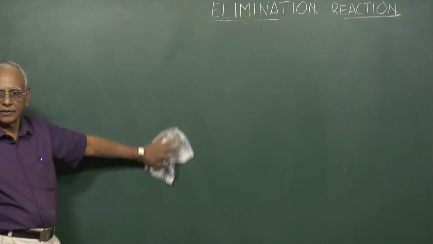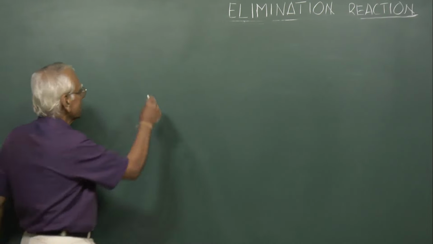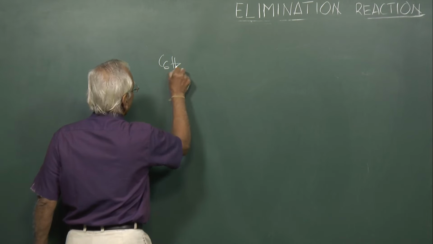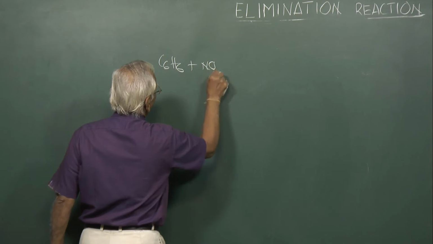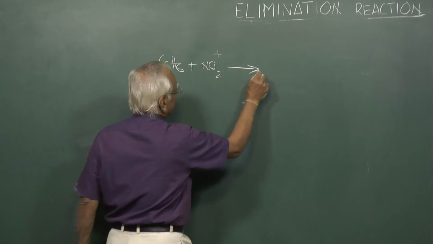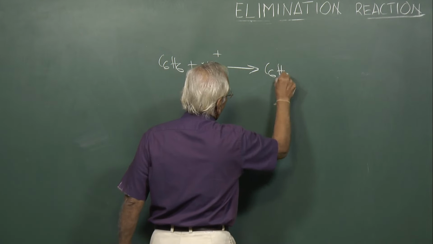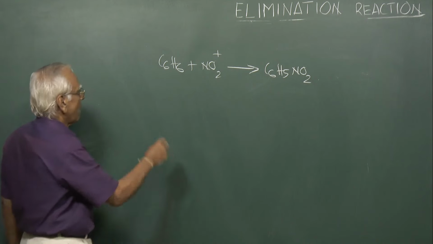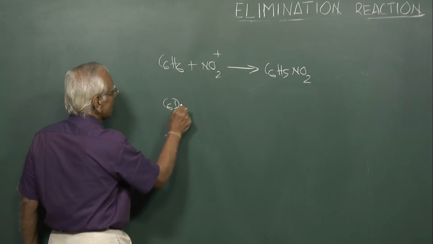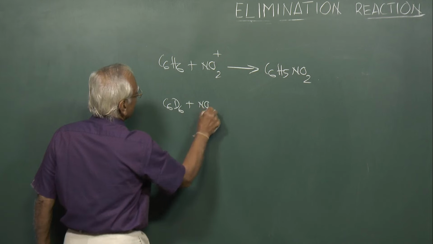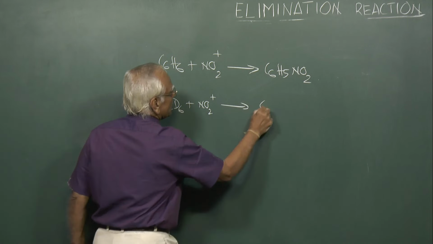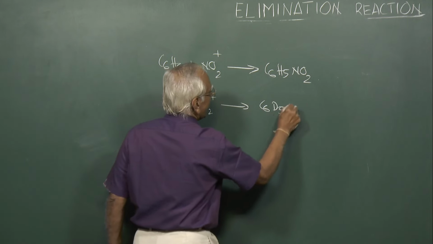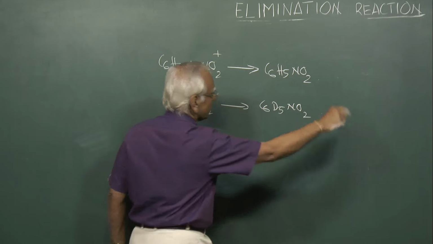C6H6 plus NO2 plus to form C6H5NO2, C6D6 plus NO2 plus to form C6D5NO2.